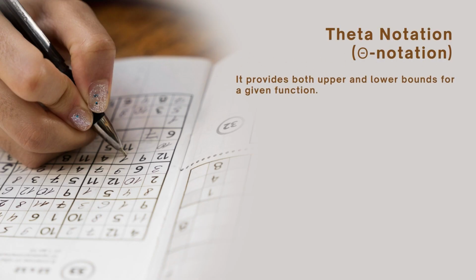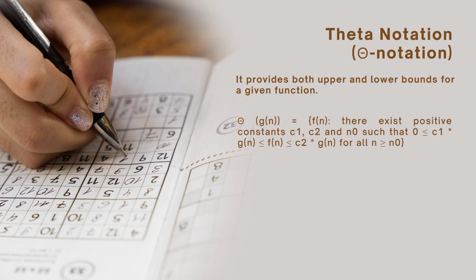So coming to the theta notation, it is used after the value of bounding; it provides both upper and lower bounds for a given function. Like in the last example, both bounds will be available for f(x), A and B. In theta notation, theta of g(n) equal to f(n) means there exist constants c1, c2 and n naught such that f(n) is greater than or equal to c1 times g(n) and less than or equal to c2 times g(n) for all n greater than n naught.